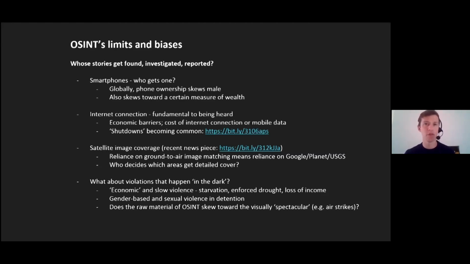Satellite image coverage is a very interesting one, because human rights monitors and open source investigators are now relying a great deal on proprietary companies, right? We're relying on companies like Google or Planet. We're also relying on the US Geological Survey and on NASA to give us information.